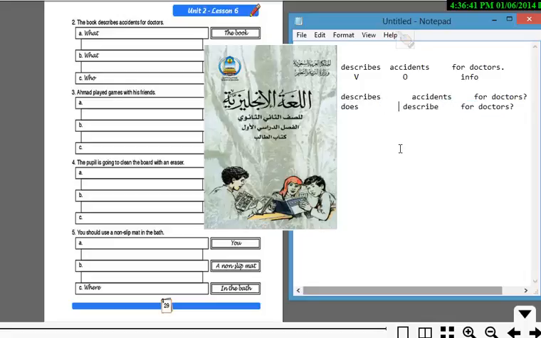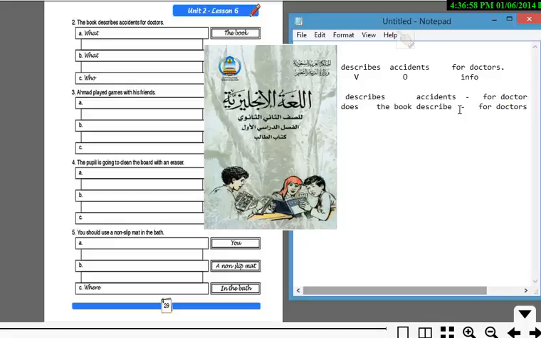So we're basically going to use the book. So let's say this part is pretty much what this part is all about too.